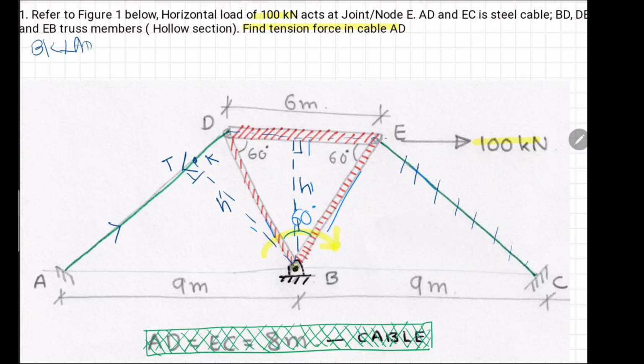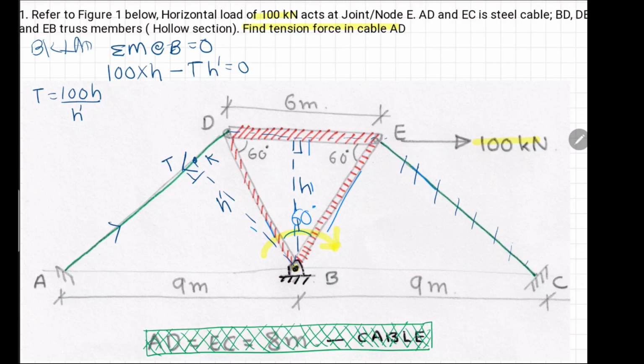So if I take moment about B equals to 0, 100 into H clockwise minus tension T into H dash equals to 0. So T can be calculated as 100H over H dash.